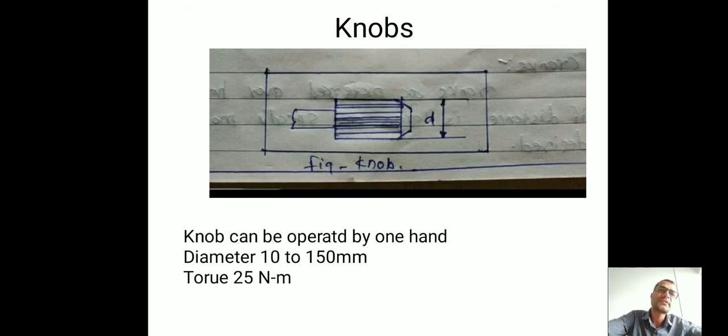Such knobs produce torque of 25 Newton meter. So clear guys? While designing a knob as a control member, as per ergonomic specs, it should be easy to handle. And when is it easy to handle? When we design its diameter in the range of 10 to 150 millimeter.